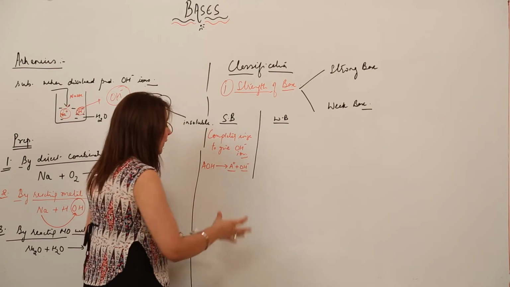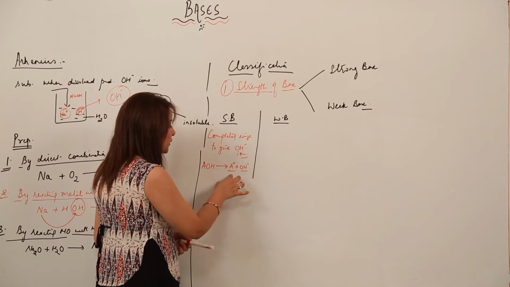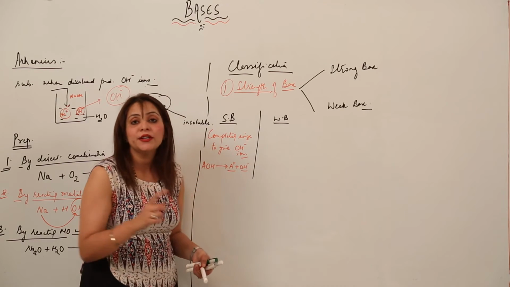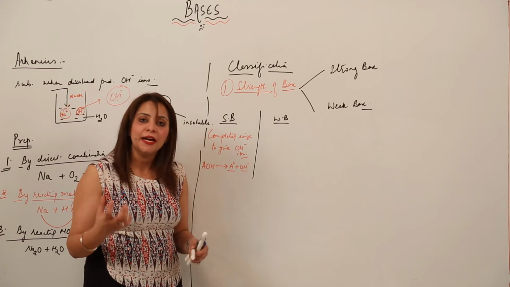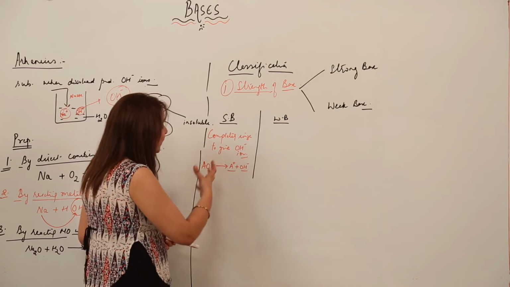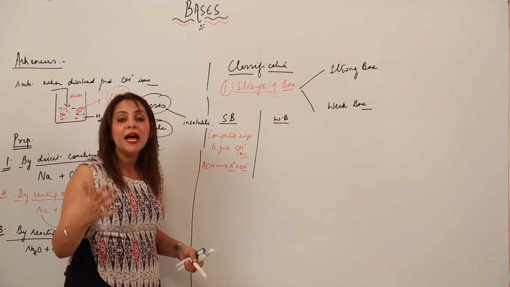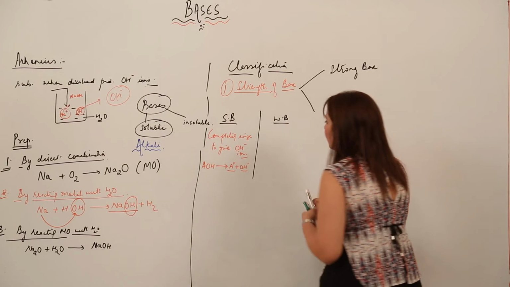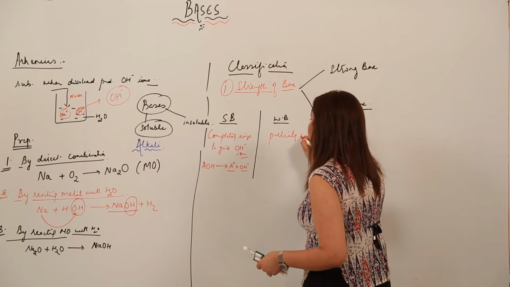That means in solution, after dissolving AOH in water, we get A positive and OH negative, and in the whole solution we won't find any AOH molecule because it has been completely dissociated. If you see this kind of thing in water, the strength is very high and it acts as a strong base. And when we talk of a weak base, a weak base is one that gets partially ionized.